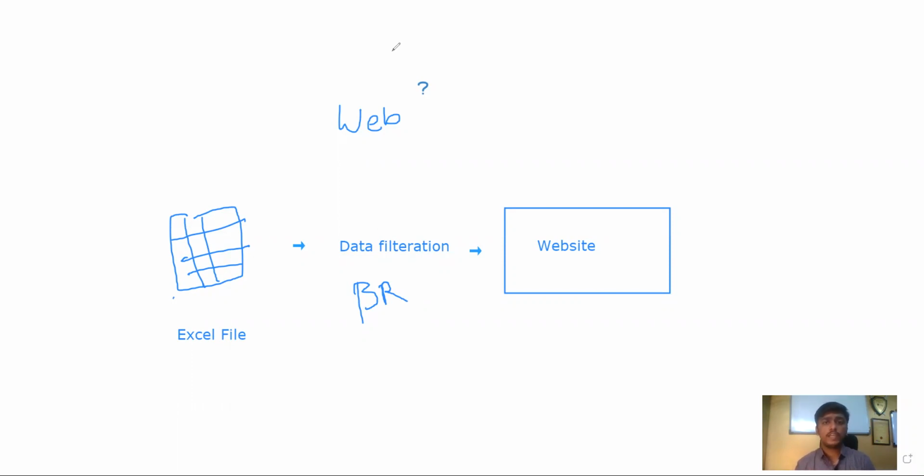But how can you even start understanding these processes? The very first thing that we see over here is our Excel file. Now what are the questions that you can ask related to this first step? The very first question is, is it always going to be an Excel file?